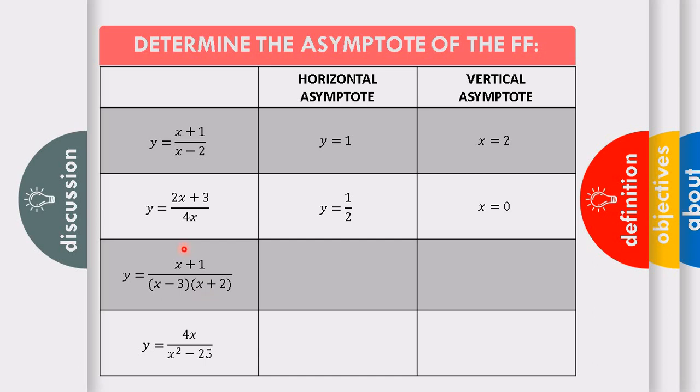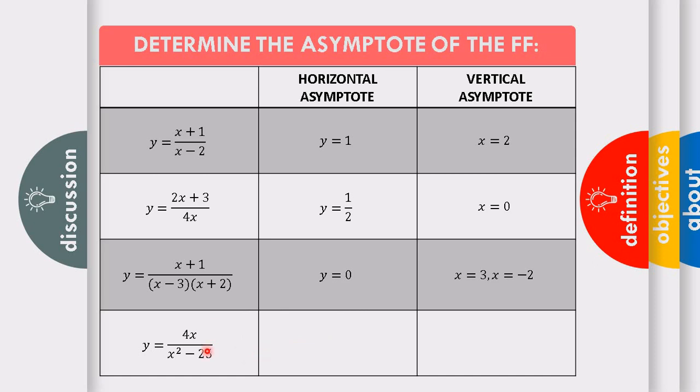The numerator exponent is less than the exponent of the denominator. So we have case number 1. Therefore, we have the horizontal asymptote of y equals 0. And the vertical asymptote, what makes the denominator 0? So we have 3 and negative 3.